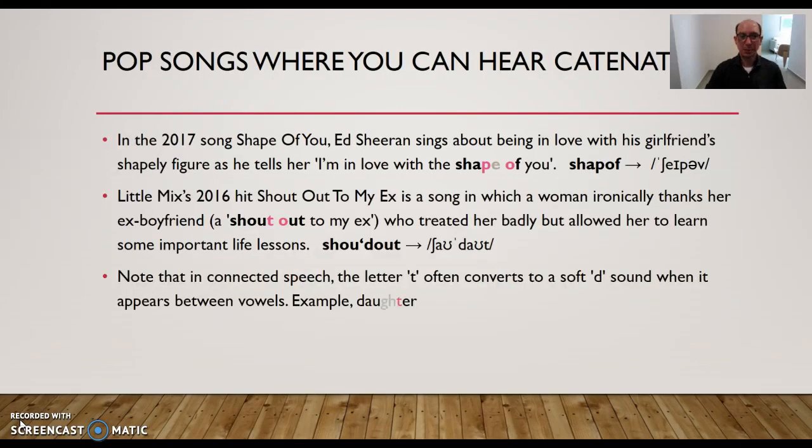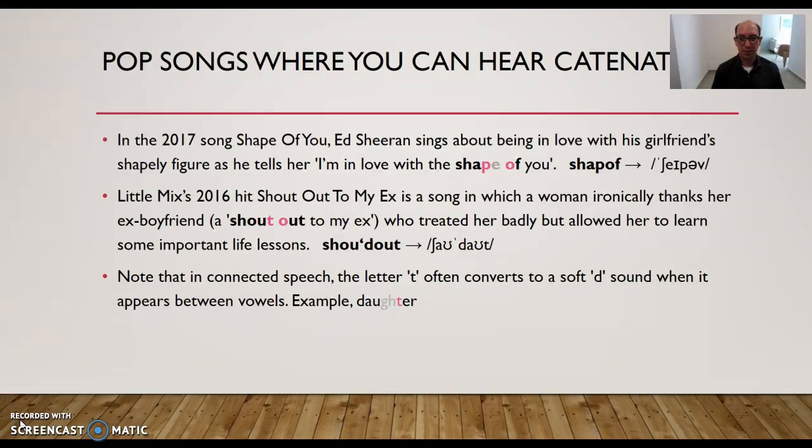Now, pop songs where you can hear catenation. We have an example here. In the 2017 song "Shape of You," Ed Sheeran sings about being in love with his girlfriend's shapely figure as he tells her, "I'm in love with the shape of you." We make "shape of" into one, "shape of."